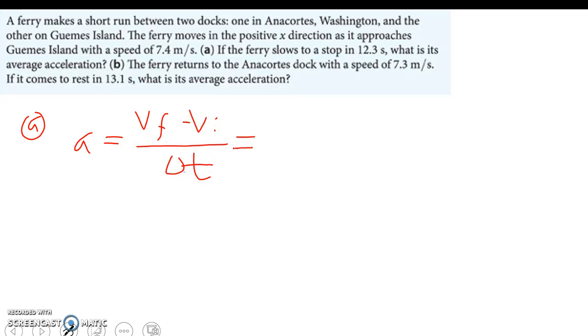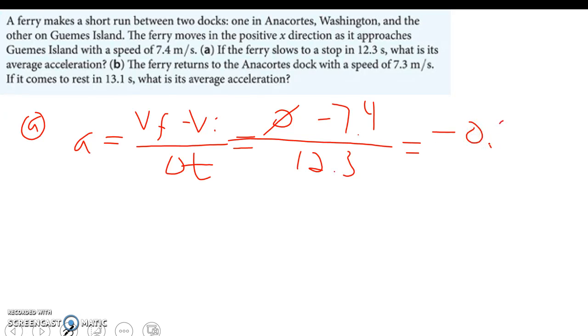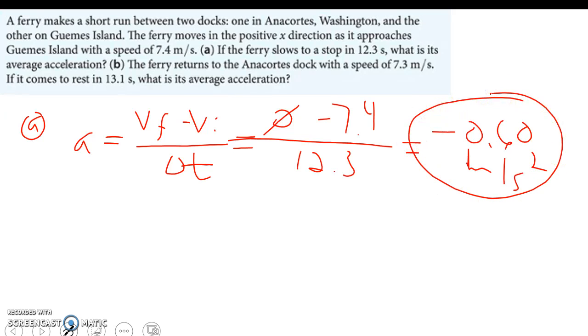My final velocity, it's slowing to a stop, is 0, minus my initial velocity of 7.4, divided by my time of 12.3. So negative 7.4 divided by 12.3, and we get an answer of negative 0.60 meters per second squared. Again, negative because we are slowing down.